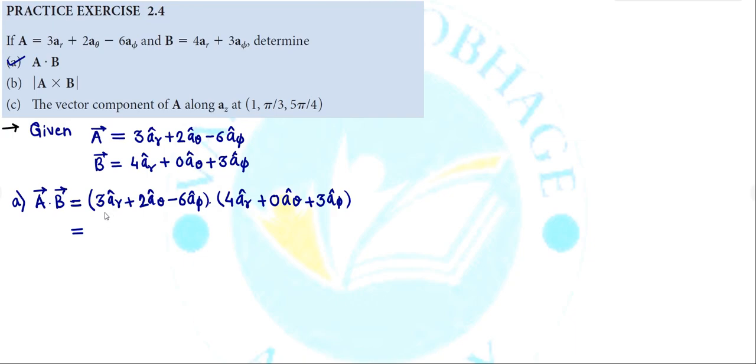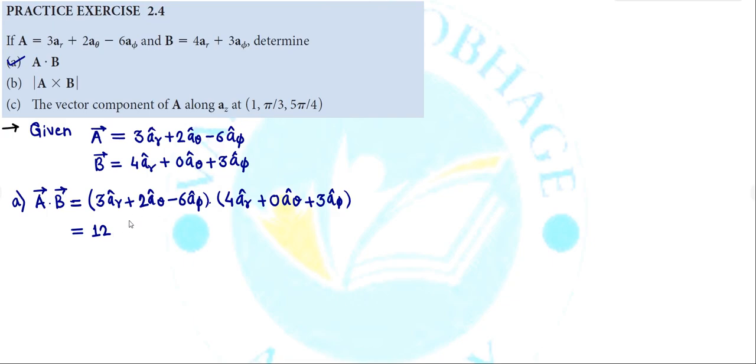Using that theory, we can find that 3 multiplied by this 4 will be 12. If you multiply this AR with respect to A theta, that will be 0. The dot product between this AR and A phi will again be 0. Since those terms are 0, I am not going to rewrite them. Next we have the theta component.